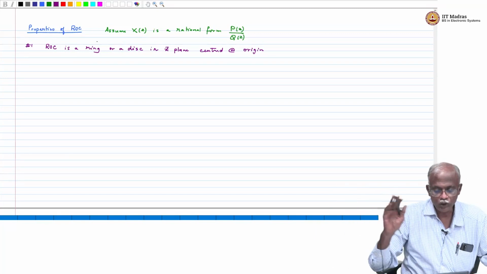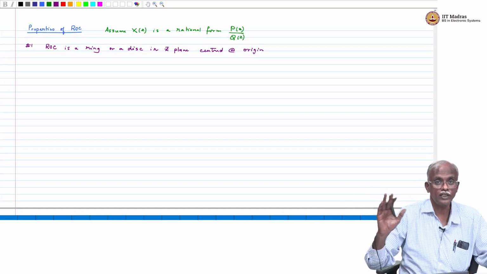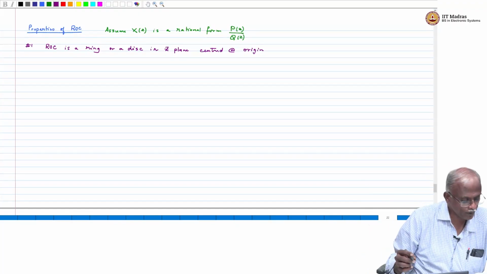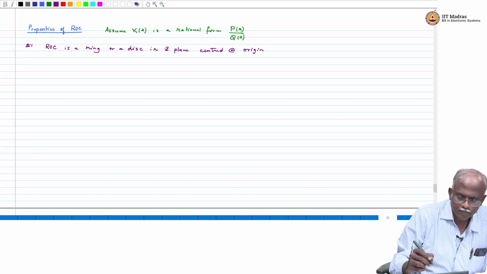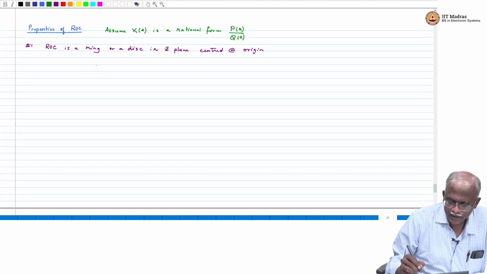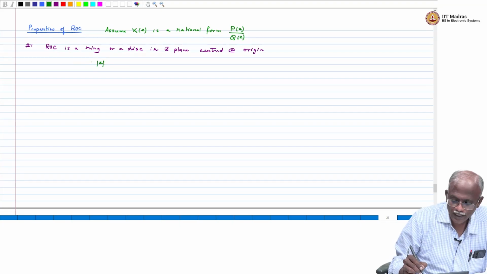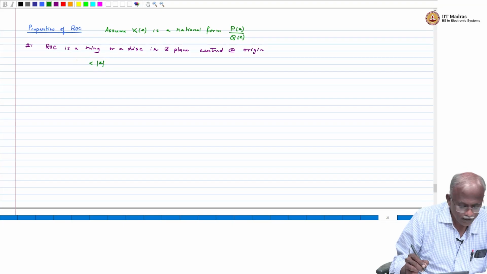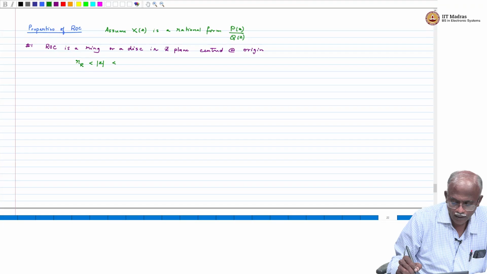A ring is when you get two circles on either side and the region in between. So, the representation is that the ROC is always specified as being greater than a radius RR, less than a radius RL.